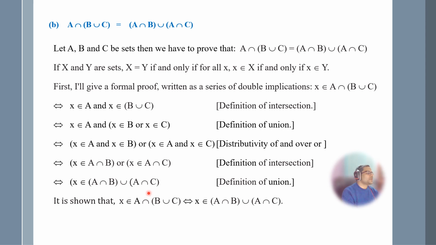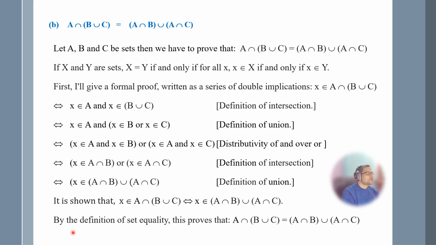So x belongs to A intersection (B union C) if and only if x belongs to (A intersection B) union (A intersection C). By the definition of set equality, this proves that the left side equals the right side, which is what was required to prove.